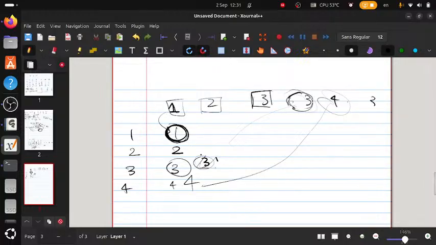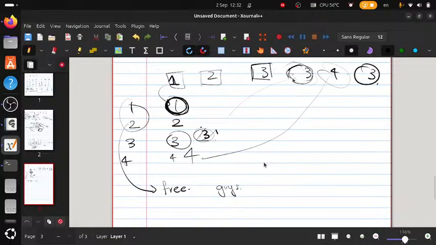And then let's say we have another 3 here. So we can say that these 2 are free guys, okay? Free guys for this particular hour. And that free guy gets to do, because these guys have done their own tasks already, right? And then these free guys get chosen for a certain task.